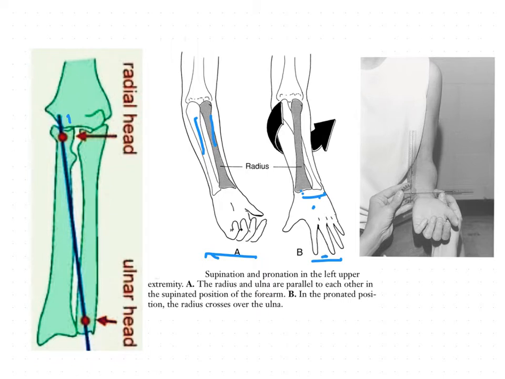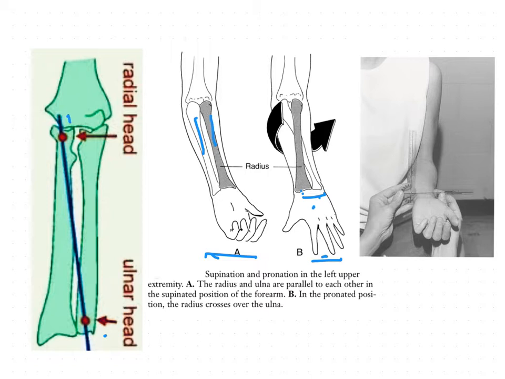Okay, so what is the axis of motion? The axis of motion for pronation and supination is the longitudinal axis extending from the center of the radial head to the center of the ulnar head. On this axis, the movements called supination and pronation take place.